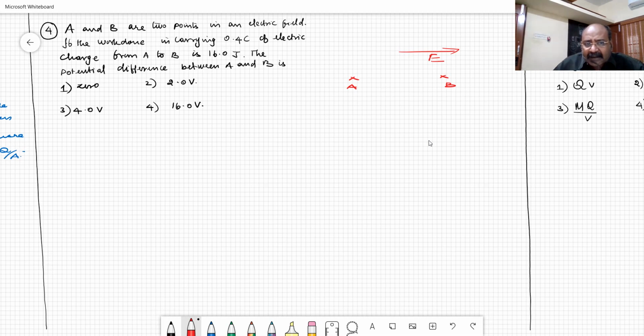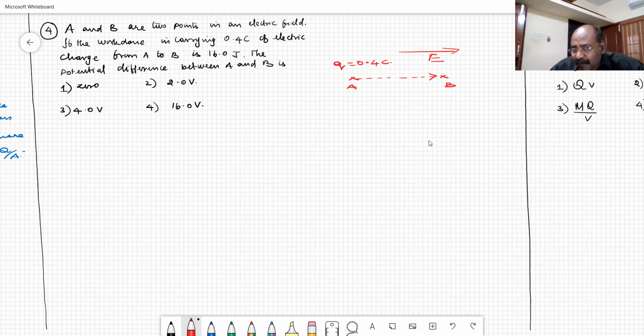If the work done in carrying 0.4 coulomb of charge, so I am considering a charge Q of 0.4 coulomb, is taken from A to B. So the charge is moved from point A to point B.